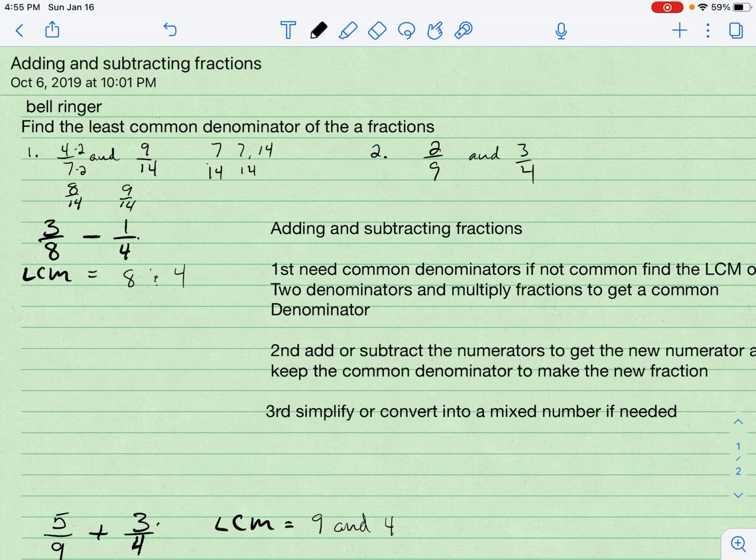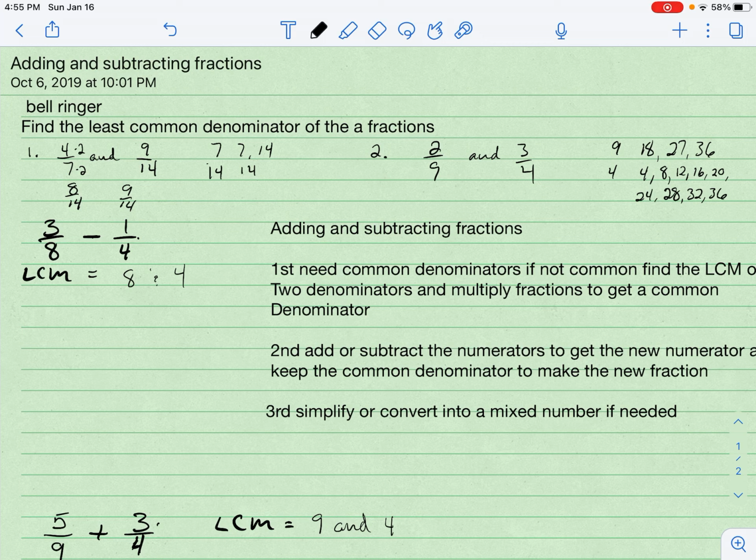Next one, same thing. So you've got 9 and 4. So 9 times 2 is 18, 3 is 27, 36. Okay, 4, 8, 12, 16, 20, 24, 28, 32, and 36.